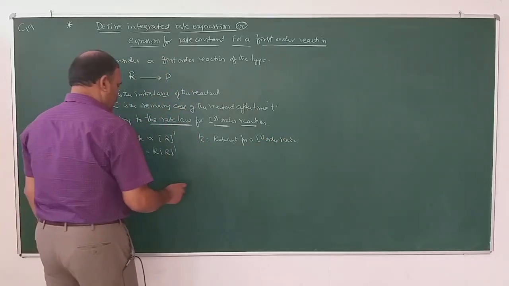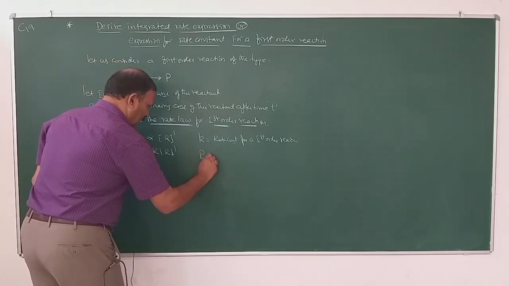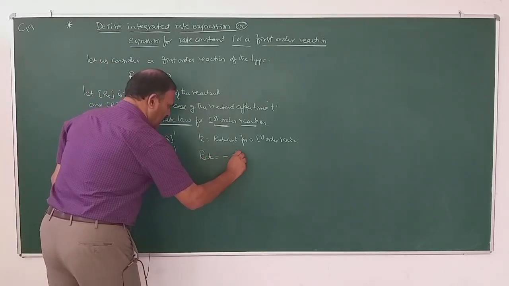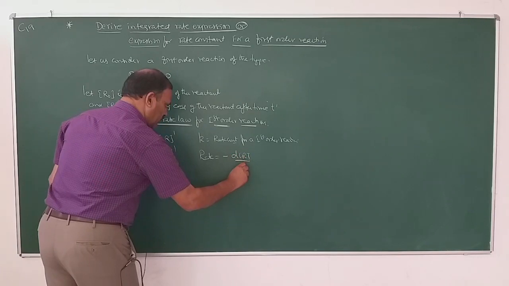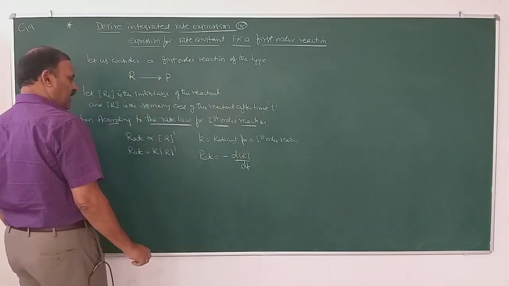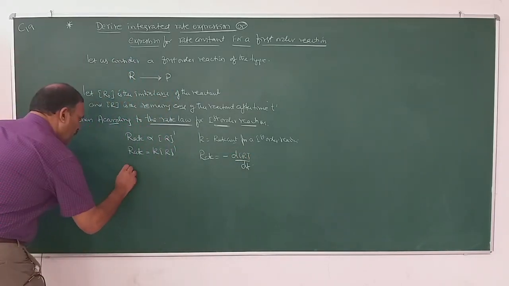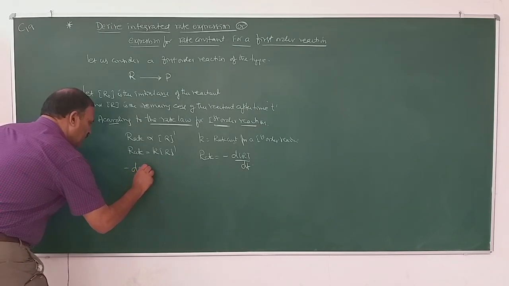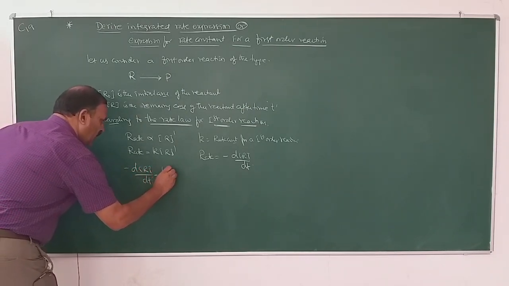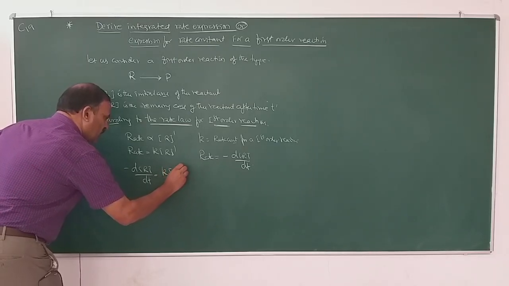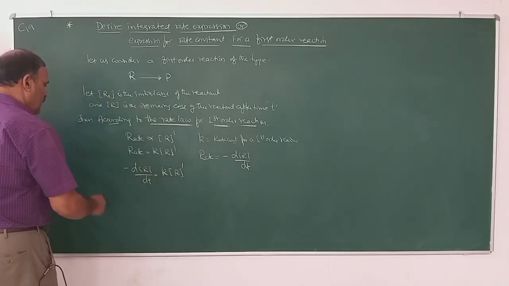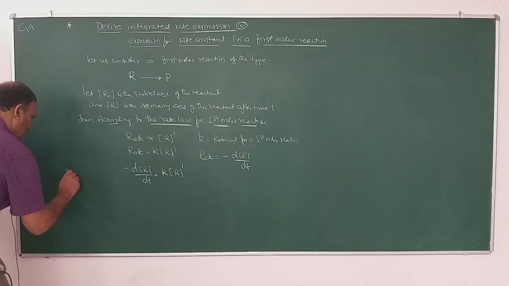Rate constant for a first order reaction, and rate is equal to minus d[R] divided by dt, I can write. Therefore, minus d[R] divided by dt is equal to k into concentration of R to the power of 1. This is called the differential rate equation.